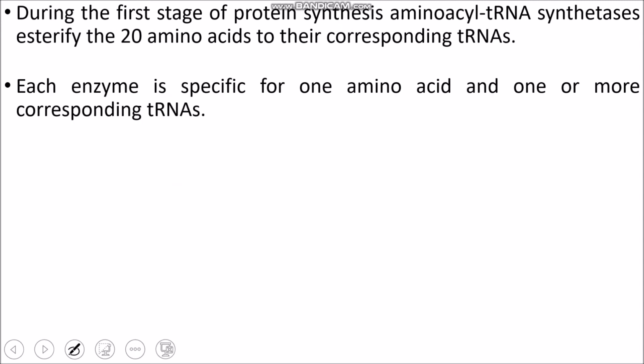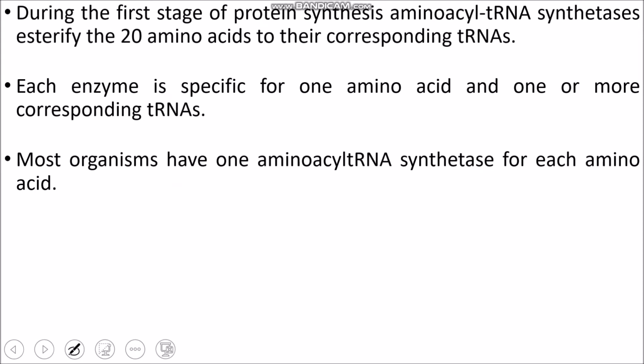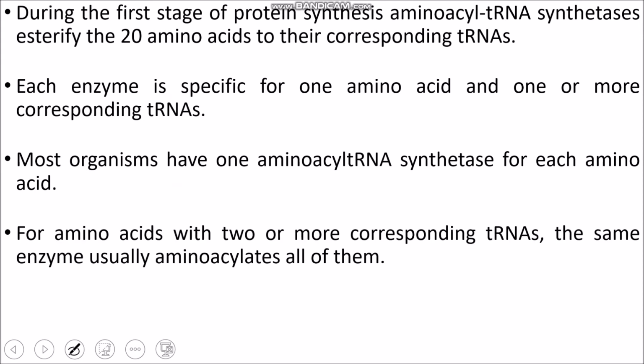I have already told you we have 20 amino acids, so for every amino acid we require a specific tRNA synthetase enzyme. So we require a minimum of 20 specific enzymes. For an amino acid with two or more corresponding tRNAs, like I have told you, we have 20 amino acids and 33 tRNAs, the same enzyme will serve both tRNAs.